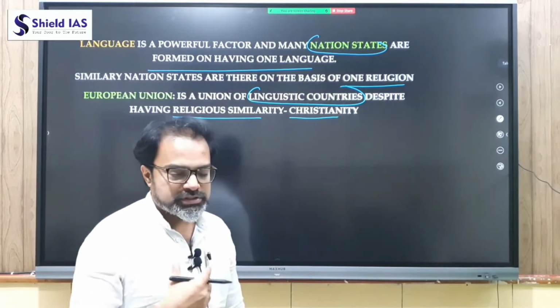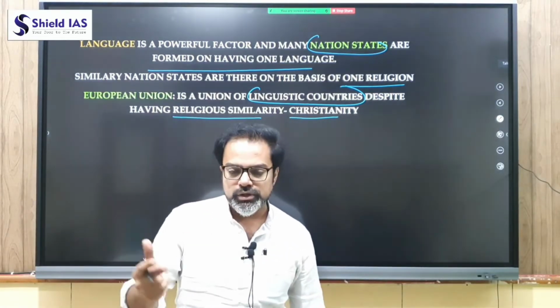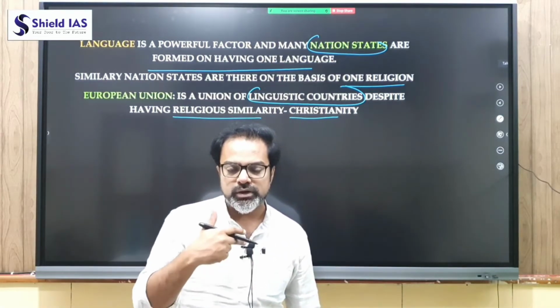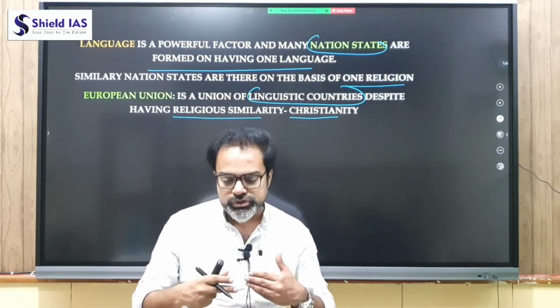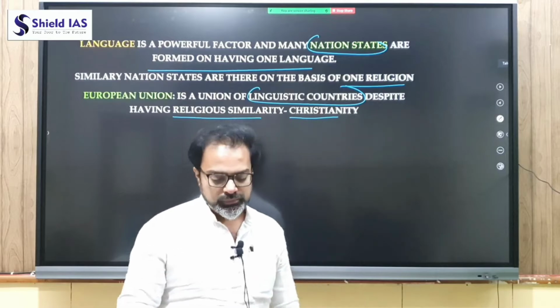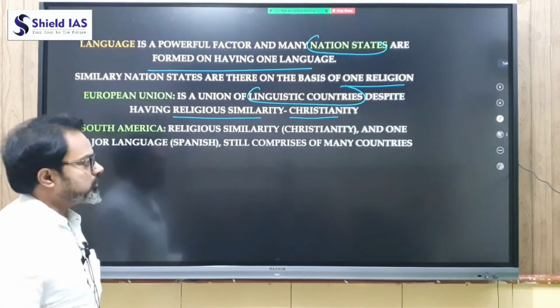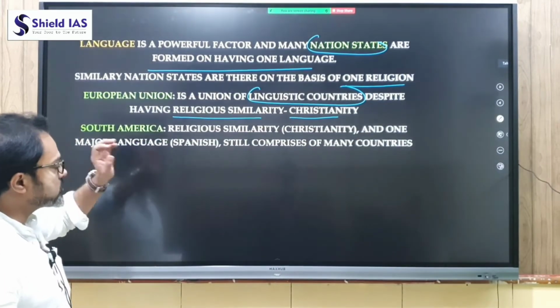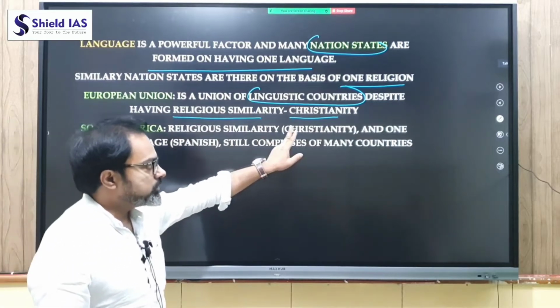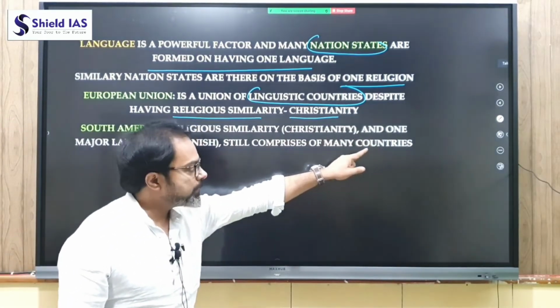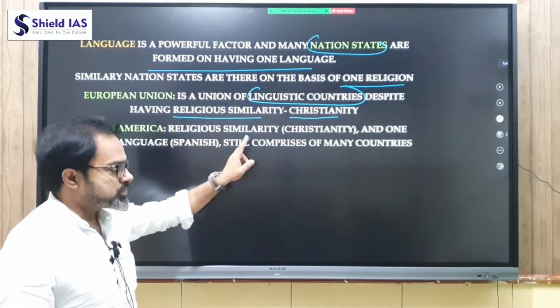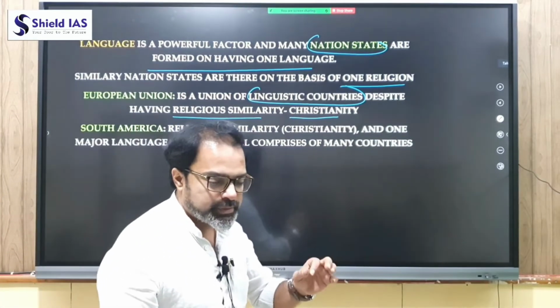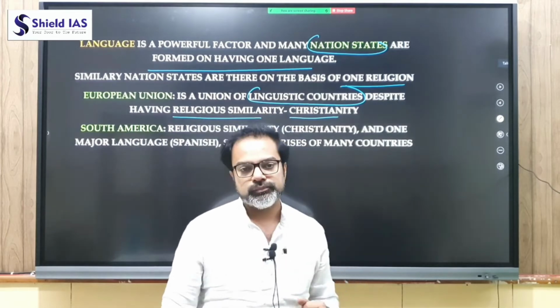So despite religious similarity but having different languages, the European Union is a union of linguistic countries. Similarly, I gave an example about South America also: religious similarity, that is Christianity, and one major language, that is Spanish, still comprises various countries, many different countries.